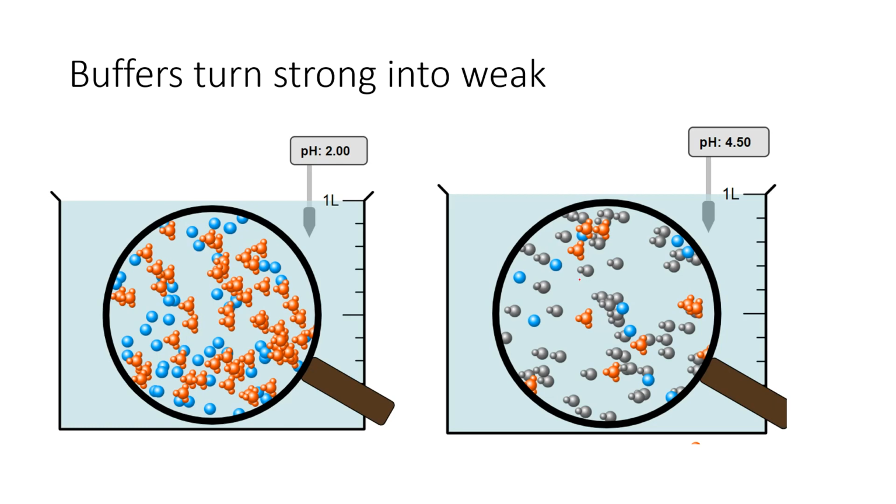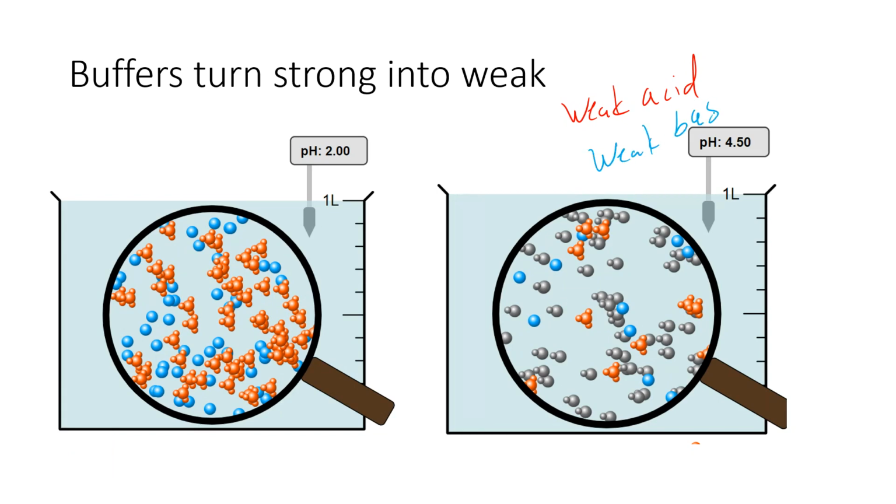A weak acid has this ability to hold the H plus onto the leash. So when we have a buffer, what we have is basically a weak acid and also a weak base.